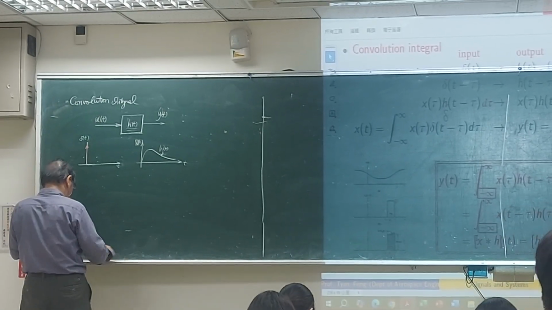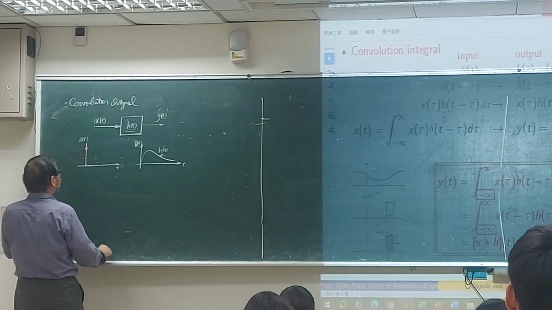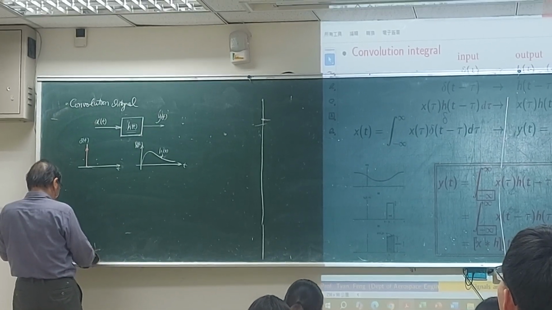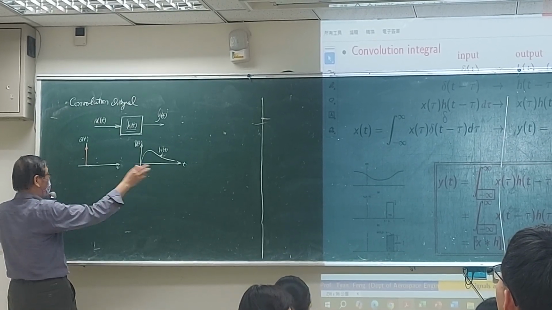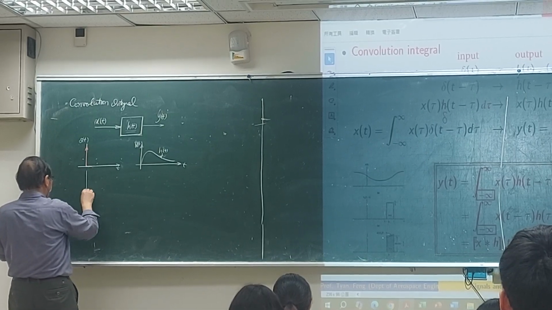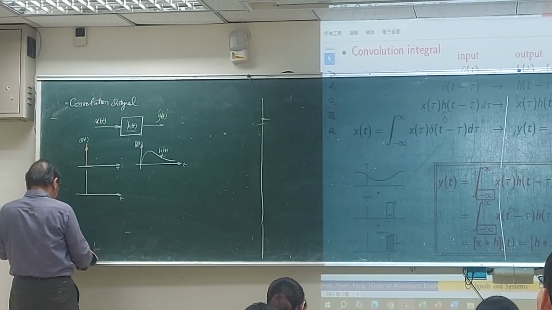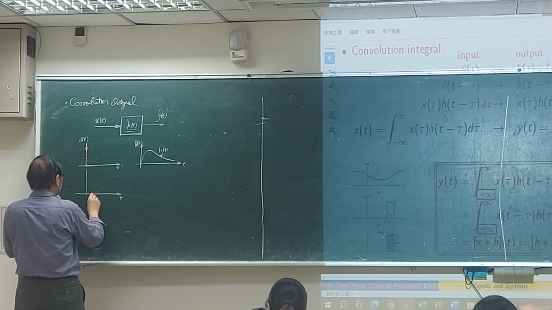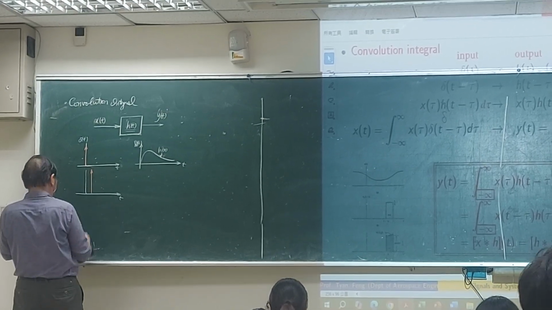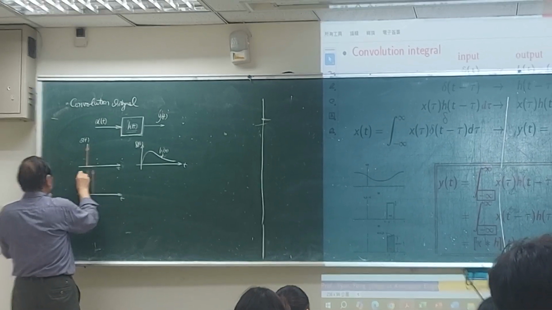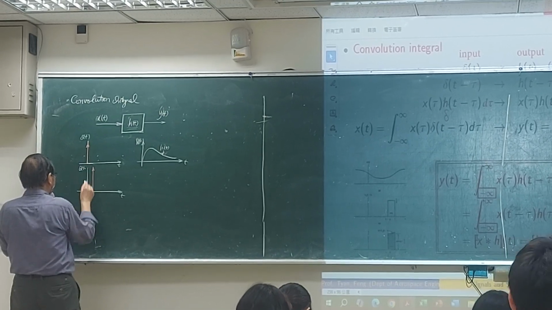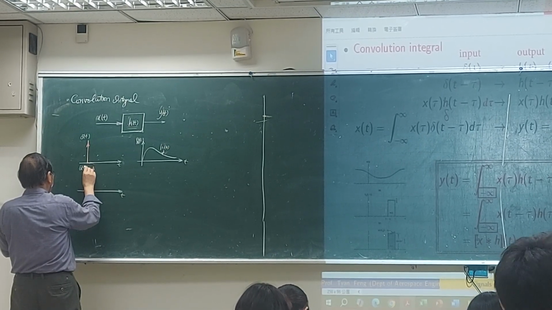All right. So similarly to what I did there, if I give the impulse a few seconds later, over here, then this is delta of t minus tau.